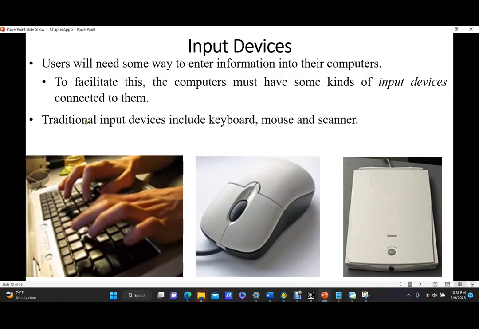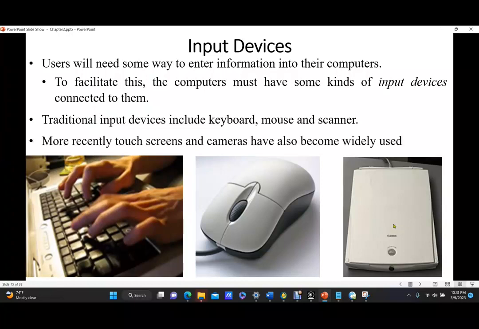Traditional input devices include keyboards, mouse, scanners. More recently, touchscreens and cameras are becoming even more widely used.